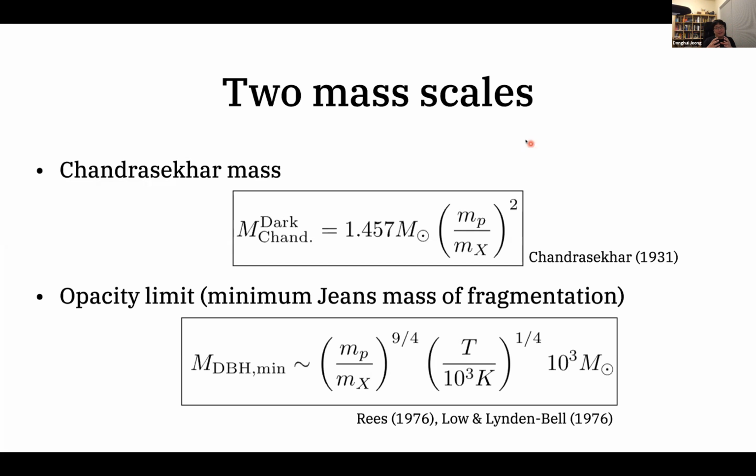So there's a transition between the isothermal collapse and the adiabatic expansion, and there's a minimum mass scale at the transition between those two different physical processes. That is M, the black hole minimum, that I call the opacity limit. That is an old calculation by Rees or Low and Lynden-Bell, but it gives us an order-of-magnitude correct mass scale of, for example, a POP3 star.